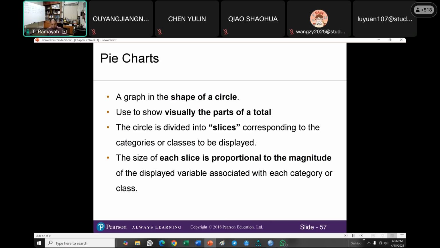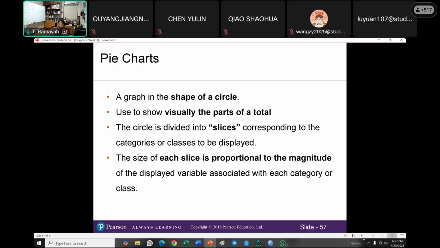Another graphical description of data we can do is the pie chart. In a pie chart, we draw a circle, and the slices represent each class or category. Let's say you have 5 groups. Each slice will represent one of the 5 groups, and the size of the slice will be proportional to the size of the group.